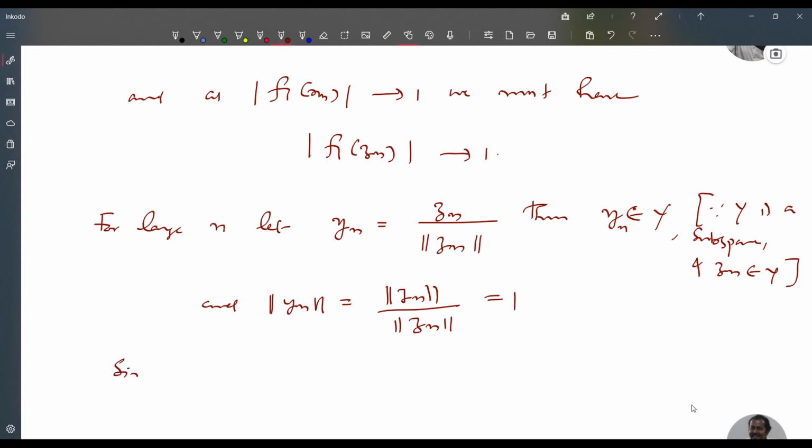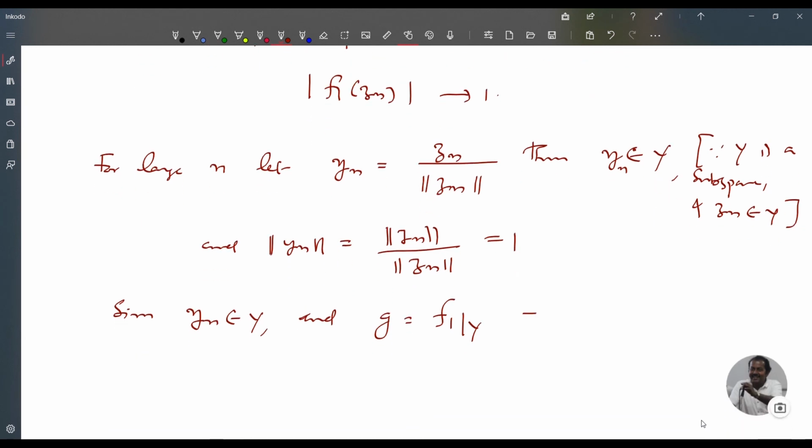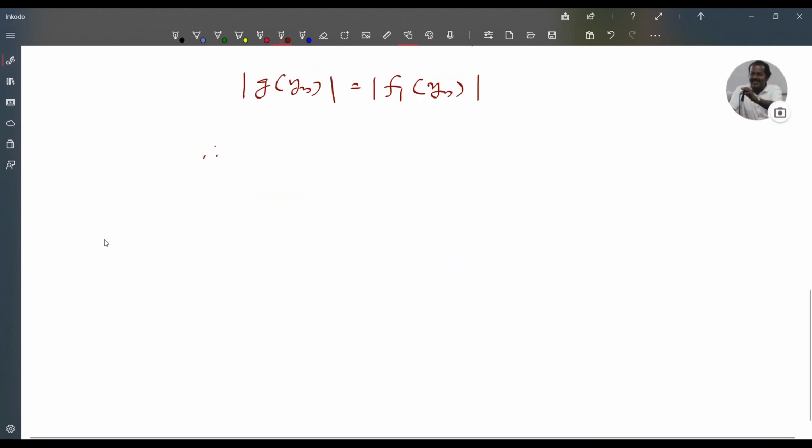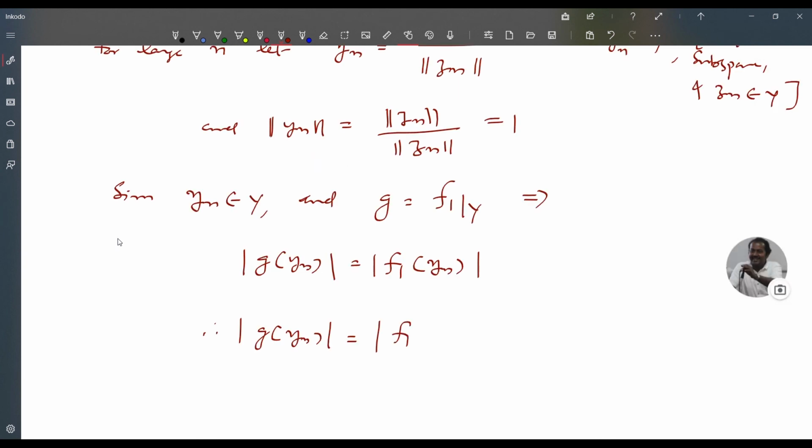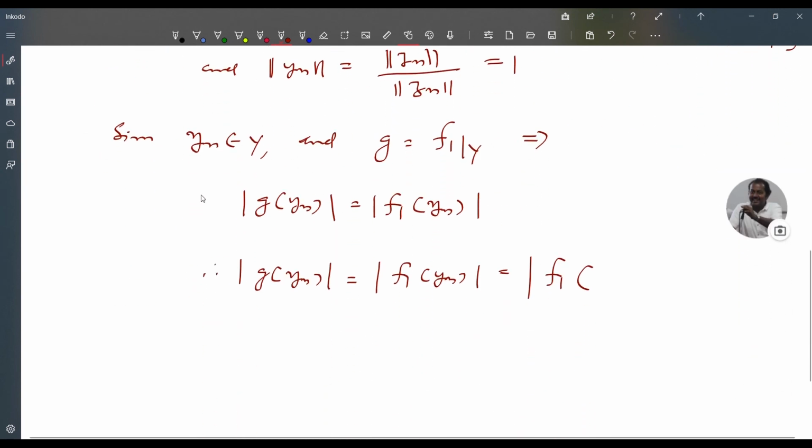And since yn belongs to y and g is equal to f1 restricted to y, this implies modulus of g of yn equal to modulus of f1 of yn, because on y g is equal to f1. Therefore, modulus of g of yn equal to modulus of f1 of yn, that is equal to modulus of f1 of Zn by norm Zn, so this is equal to 1 by norm Zn into modulus of f1 of Zn, and this tends to 1.